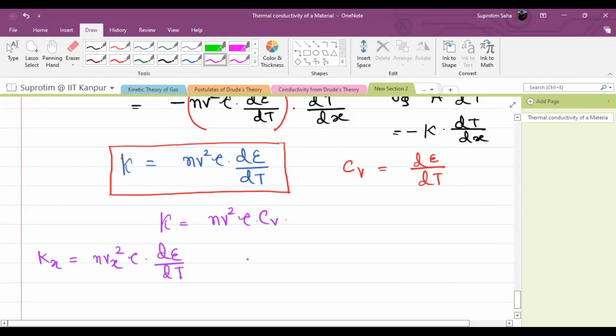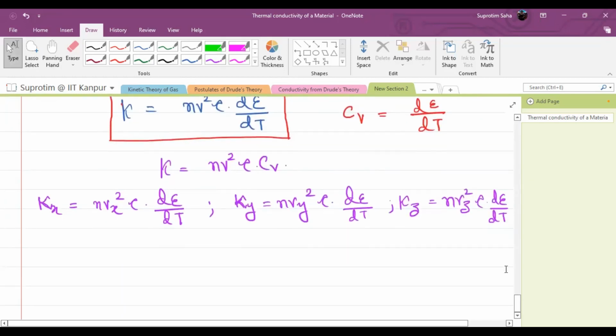So kappa_x will be given by n v_x squared tau times d epsilon/dT. Sorry, this is kappa, not k, which can be confusing with the wave vector. This is kappa, and kappa_y is also equal to n v_y squared tau d epsilon/dT. Similarly, kappa_z will be given by n v_z squared tau d epsilon/dT.